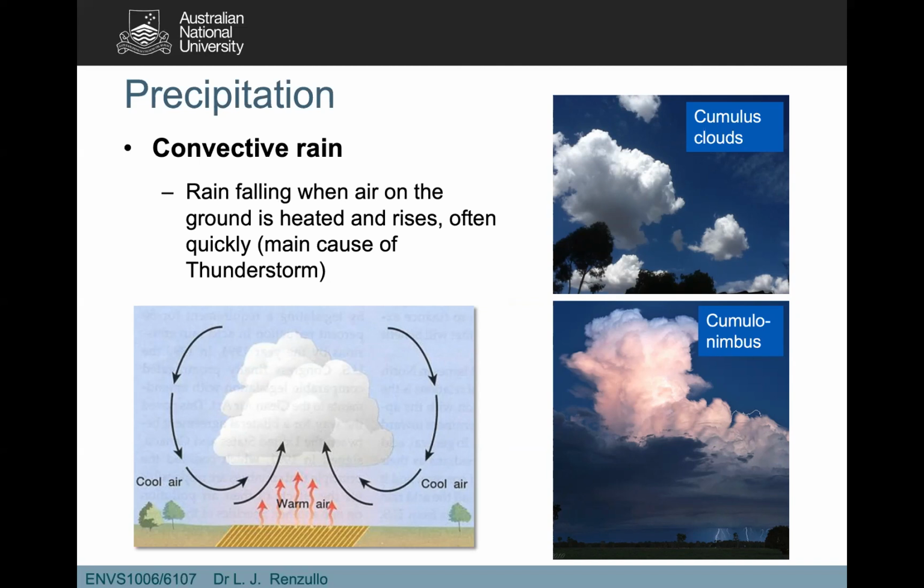Now, typically cumulus clouds can form up here. These are sort of called the fine weather clouds. If you see these in the sky, it's typically a nice day. There's localized convection leading to the formation of these clouds. When there's a sufficient amount of energy and moisture in the atmosphere, and the lifting is strong, they form the cumulonimbus clouds.